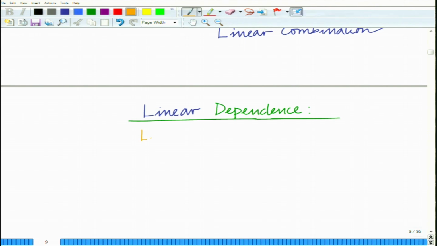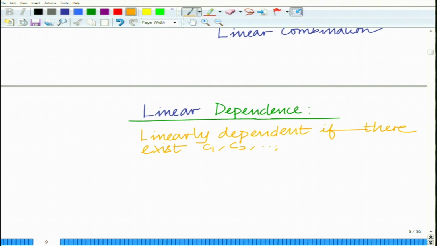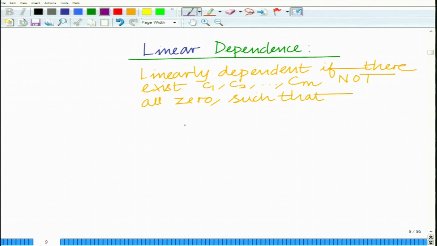They are linearly dependent if there exist c1, c2, cm not all 0 such that c1 w bar 1 plus c2 w bar 2 plus cm w bar m equals 0.